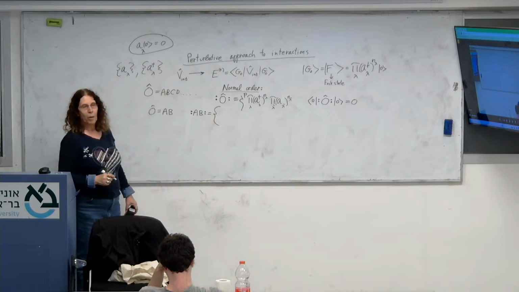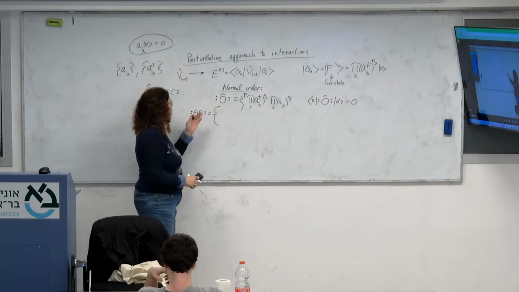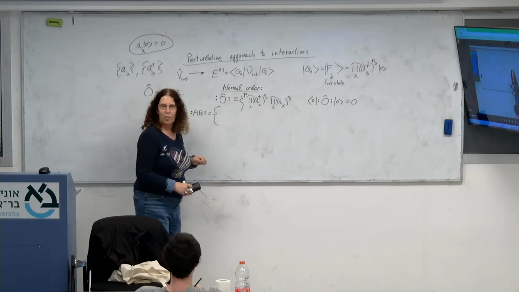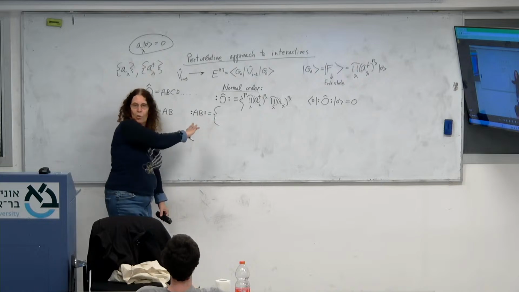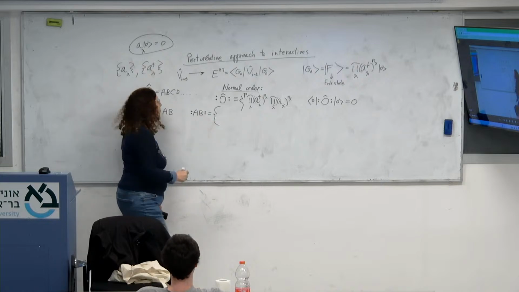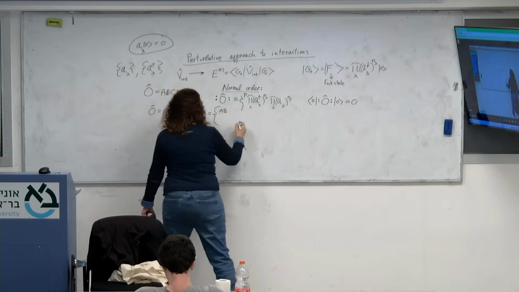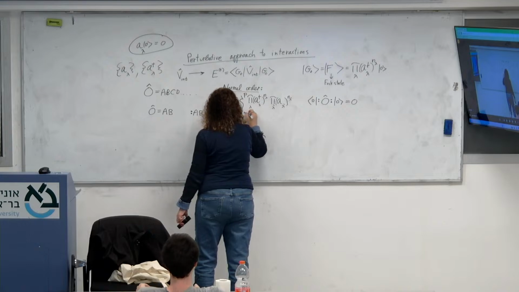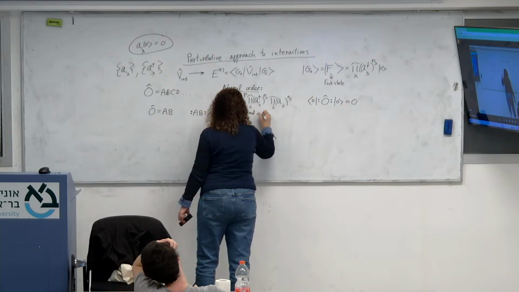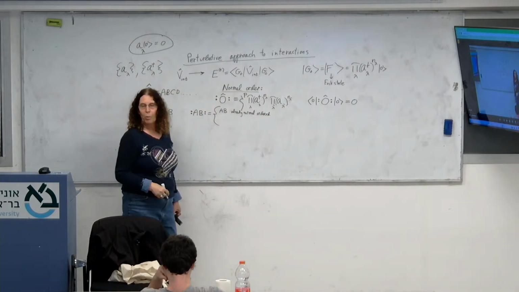There are only two possibilities because there are only two operators, right? So normal ordering is reshuffled so that the annihilation is on the right. Now, it's possible that as it is, it's already normal ordered. Then this is equal to AB, if already normal ordered. But if it's not, what will be the normal order?